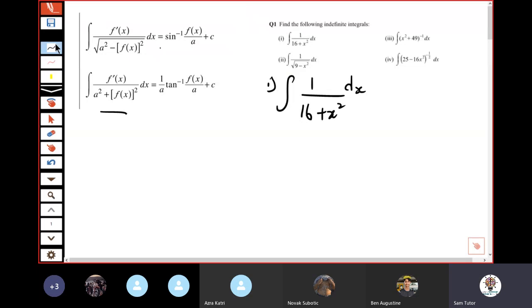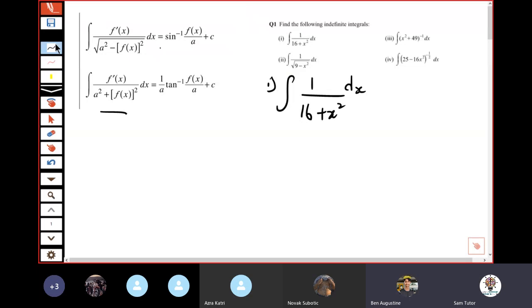Okay, half, and then what are you going to write? Inverse tan 1 minus inverse tan 0. Inverse tan of 1 is pi on 4, 45 degrees.